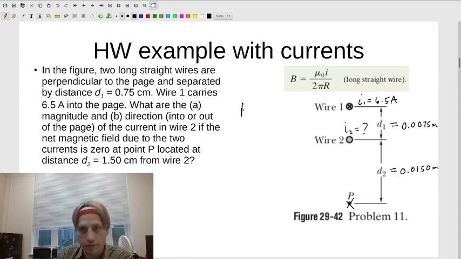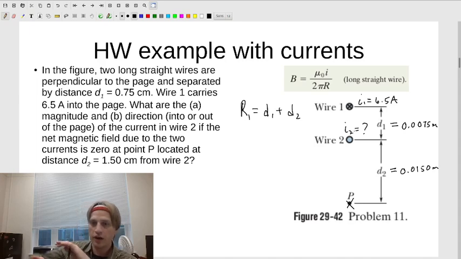The R1 would be D1 plus D2. So essentially, if these both had a current of 6.5 amps, for instance, then you wouldn't end up having a zero magnetic field there because the contribution of wire 2 would be greater. So, in some sense, wire 2 is going to have to cancel out the contribution of wire 1.